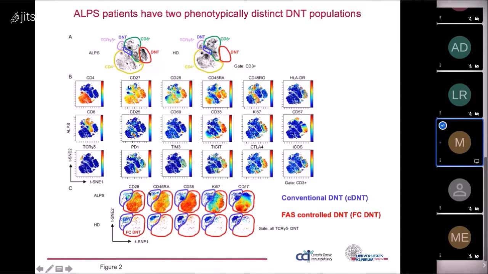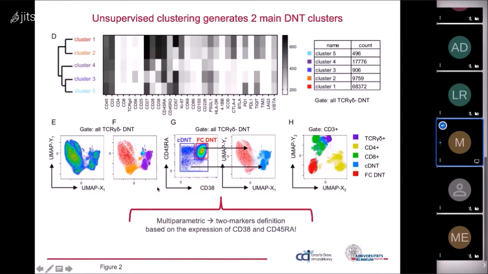So we performed, on all the DNT used in these experiments, both of the patients and the healthy donors, an unsupervised clustering approach termed FlowSOM, and we were happy to see that this also generated two main DNT clusters, clusters 1 and 2, which are the FC-DNT, and clusters 3, 4, and 5, which are the conventional DNT.